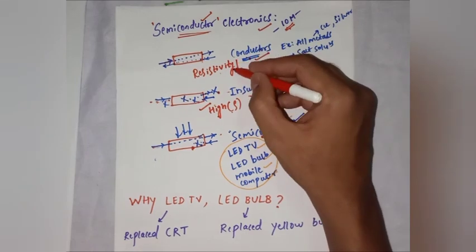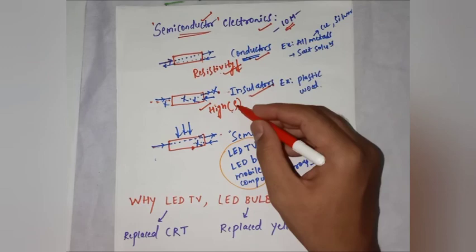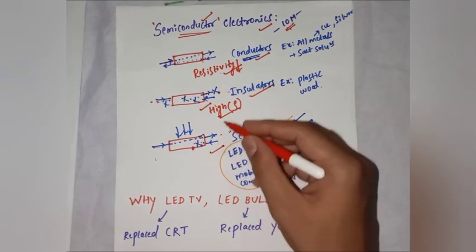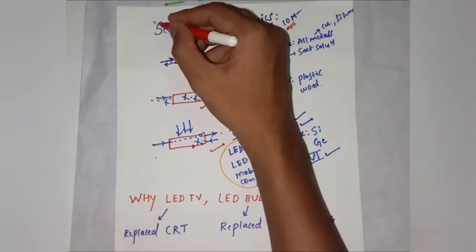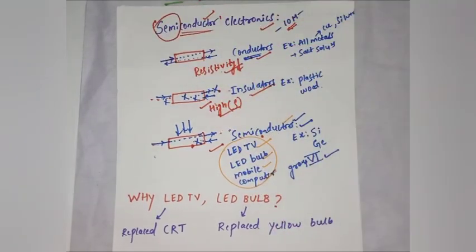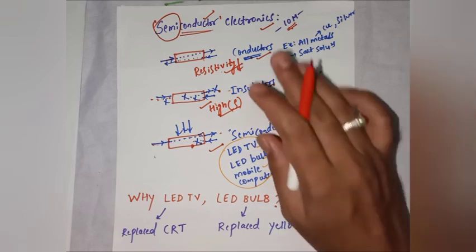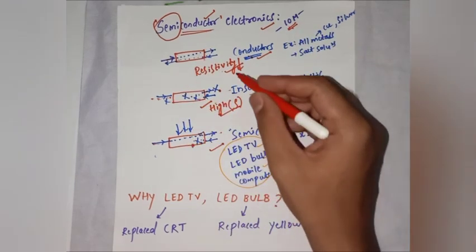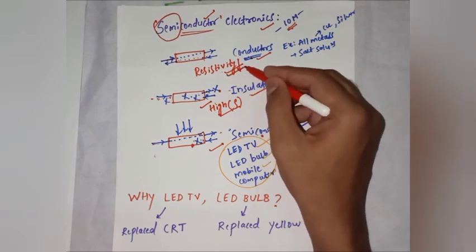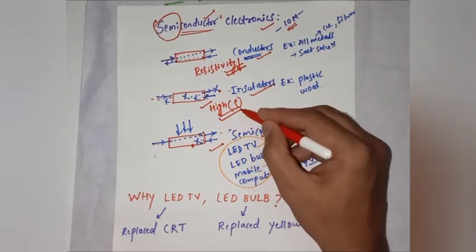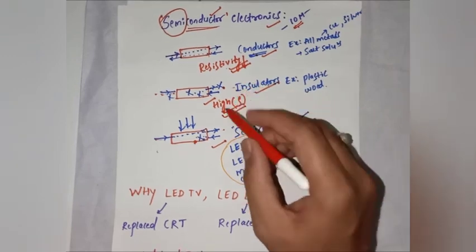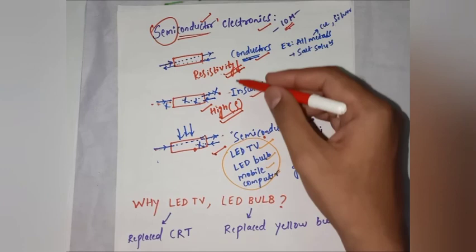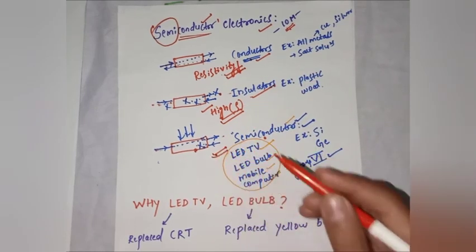That is why we are using the term semiconductors. These are not conductors, these are semiconductors. Conductivity is very high for conductors, very low, almost zero, for insulators, and for semiconductors it lies between the two.